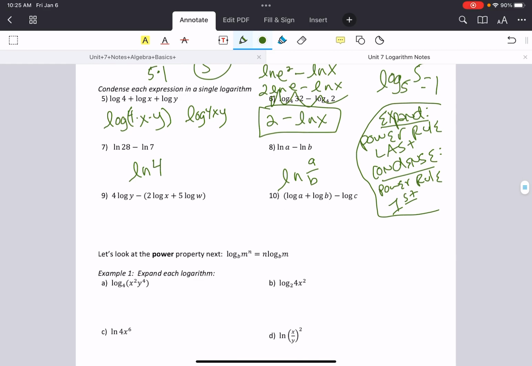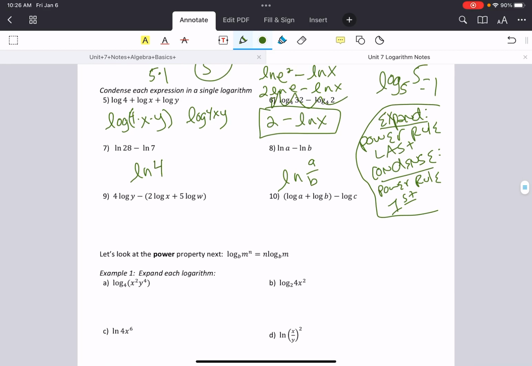So this is condensing, so I got to bring those exponents up first.